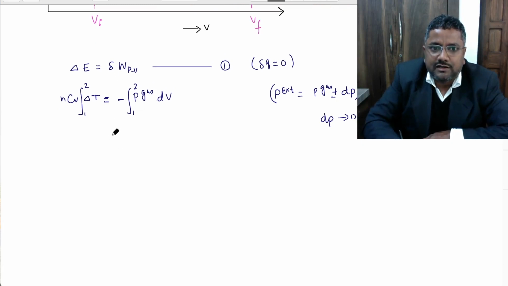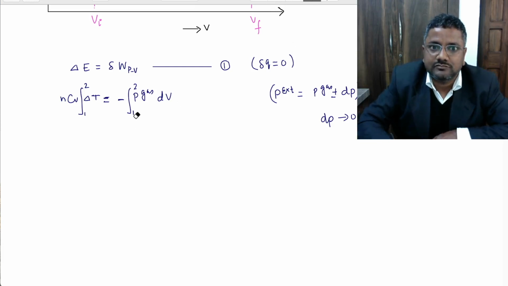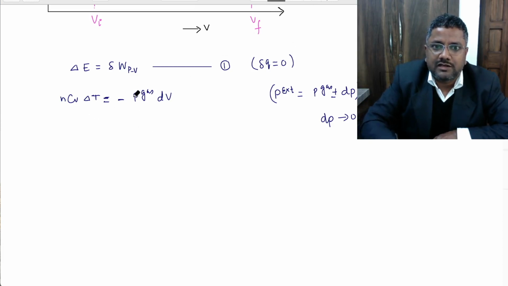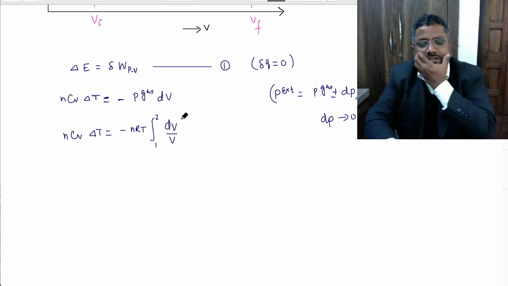We can replace this P gas with nRT dV by V, 1 to 2, and nC_V delta T, right, like this.